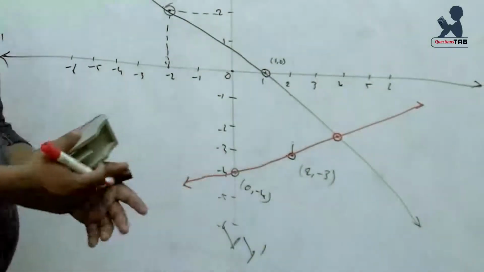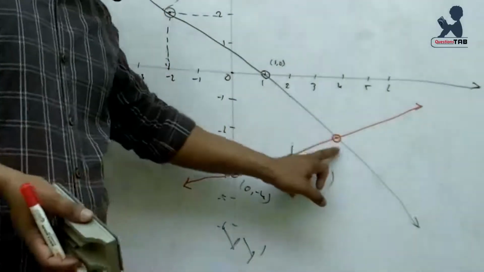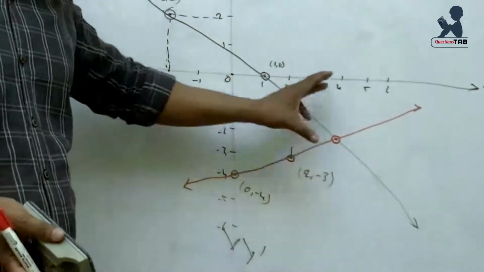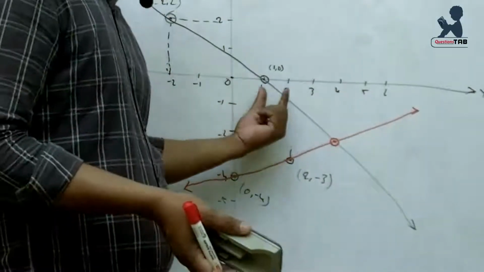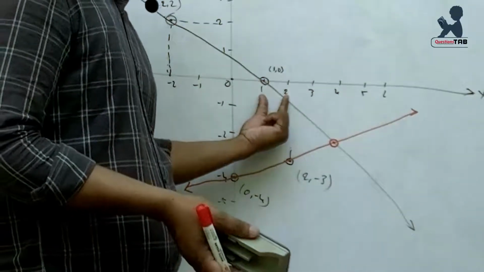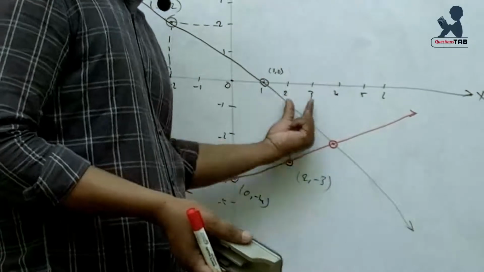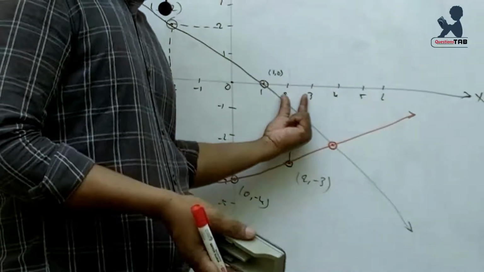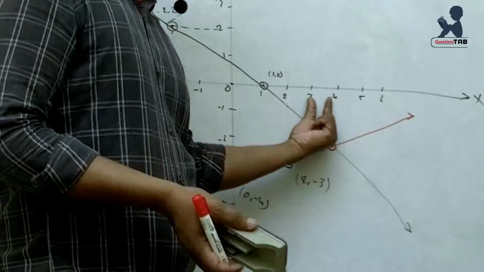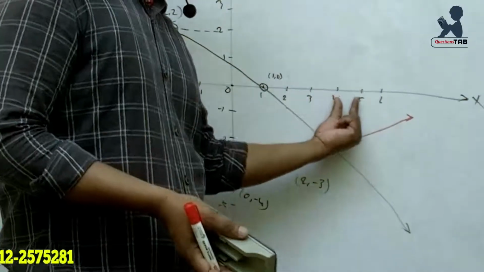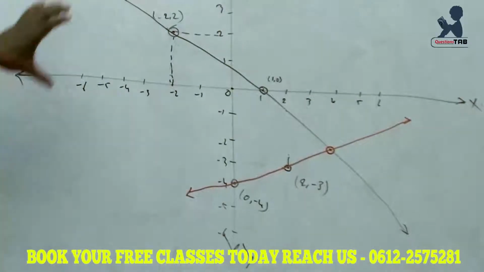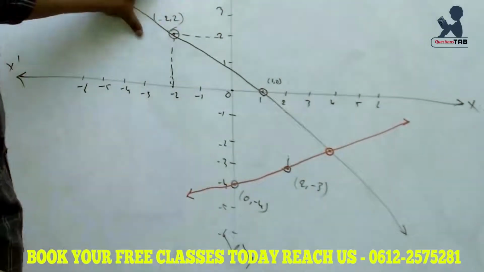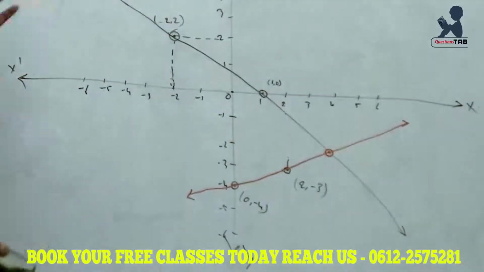Here I can't exactly say which point this represents, because if you see carefully, here the distance is different, here the distance is again different, and here the distance is again different. So it's the method by which we have drawn the graph.